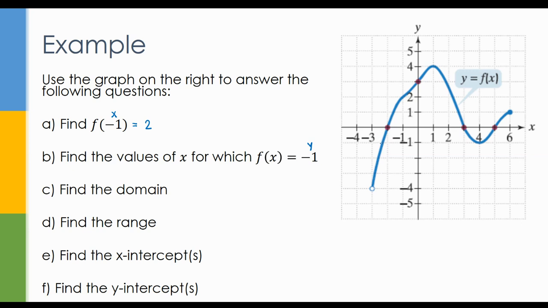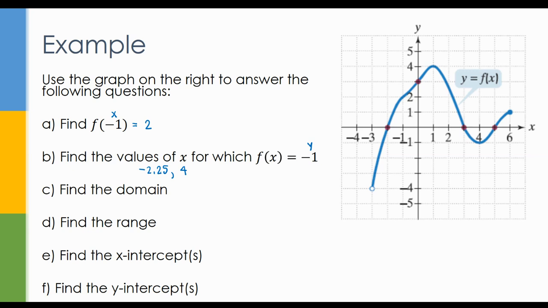It's not quite halfway between -2 and -3, so I'm going to say that it's roughly -2.25. If I look at the right-hand side, at -1 it is here when x is 4. So sometimes you may have more than one value, and that is perfectly fine. So we have 2 different values for which the function equals -1.